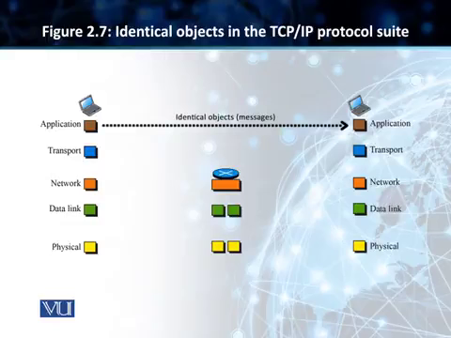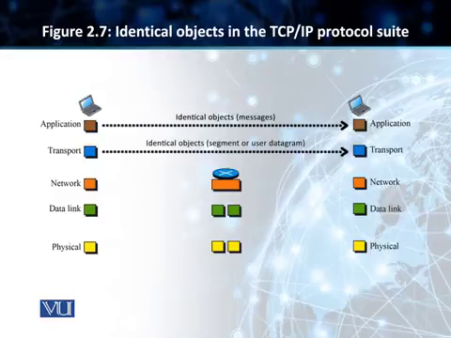So at the application layer, our object is a message. Both on the source and destination side, our object is the message. At the transport layer, our object is going to be a segment or a user datagram.